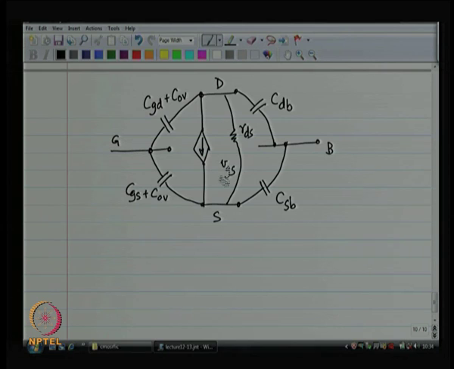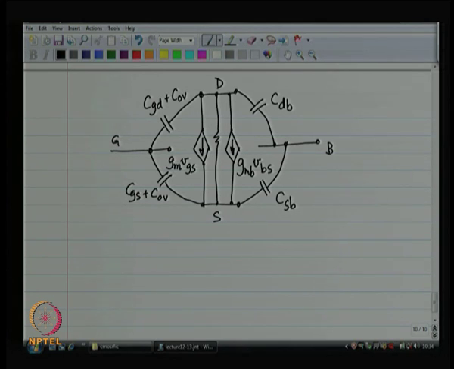I am missing something here, that is the body effect, and body effect is accounted by yet another voltage controlled current source, which is very similar to the original voltage controlled current source. So, we call it GMB times VBS. So, this is the model that we have developed so far.